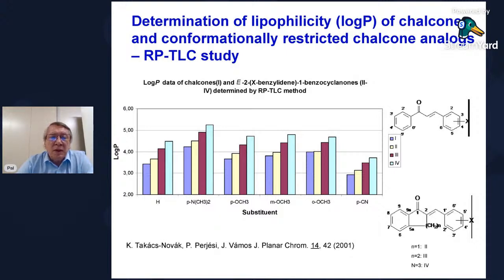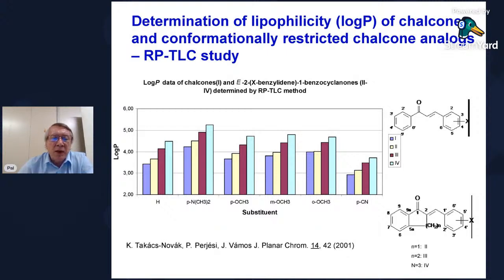We have used validated reversed phase thin layer chromatographic methods to investigate the log P values in 4 series, namely the open chain chalcone series, the 5-membered ring cyclic analogs, the 6-membered ring cyclic analogs, and the 7-membered ring cyclic analogs, with the same set of substituents on the benzylidene moiety of the derivatives.